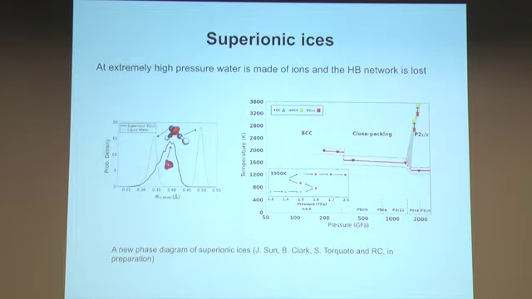And in fact, at sufficiently high temperature, the system becomes superionic, meaning that the oxygen sublattice remains crystalline, but the proton sublattice melts, and the protons can diffuse in the structure.